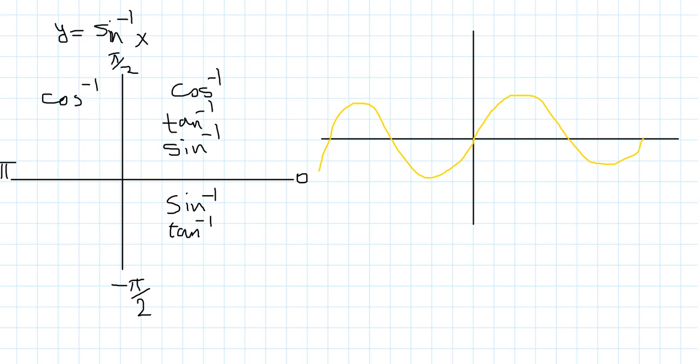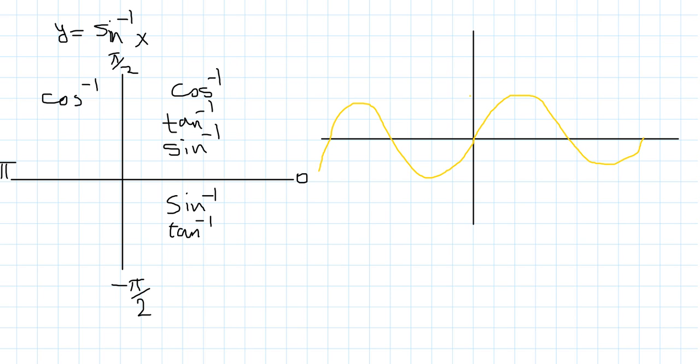Okay, sine is not a function, because if you draw a line horizontally, it intercepts with the graph at more than one point. To define sine inverse as a function, we should restrict the domain.